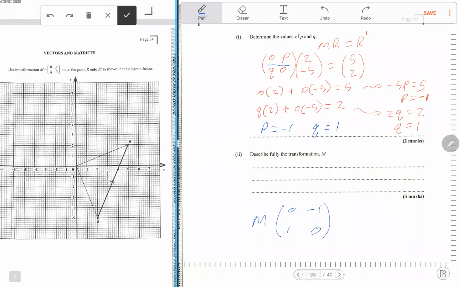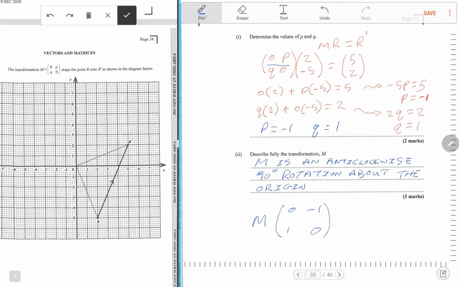So M is an anti-clockwise (90°) rotation about the origin.